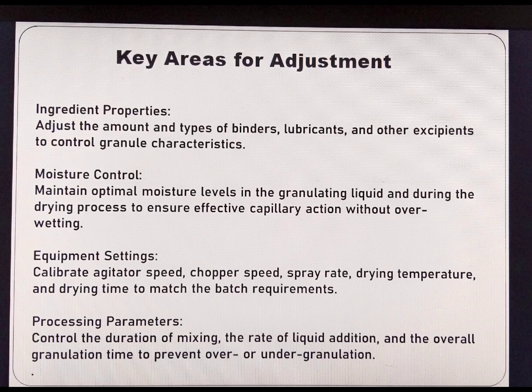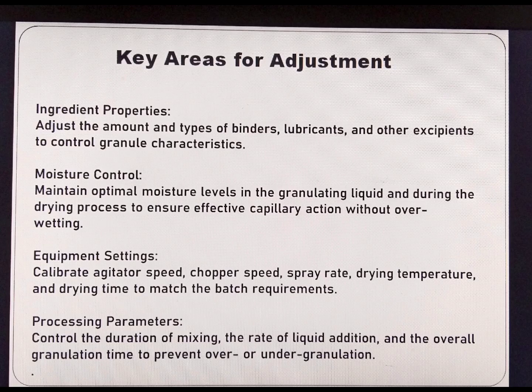Key areas for adjustment: ingredient properties. Adjust the amount and type of binder, lubricants, and other excipients to control granule characteristics. Moisture control. Maintain optimal moisture level in the granulating liquid and during the drying process to ensure effective capillary action without overwetting. Equipment settings.